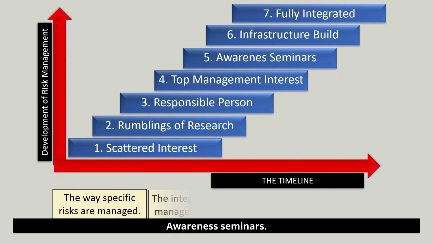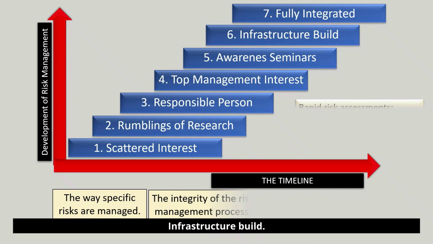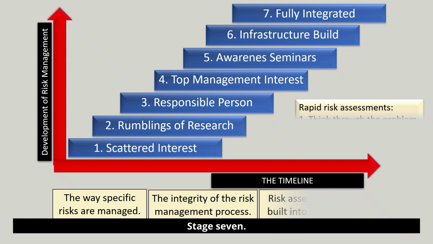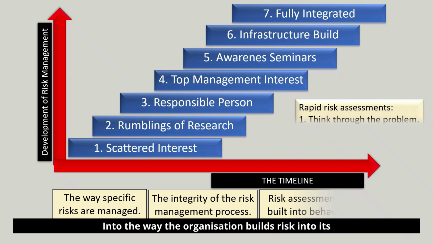Awareness seminars, delivering real changes to working practices through new thinking and a sound learning process. Stage 6. Infrastructure build, where the risk policy becomes more attached to the agreed business routines and procedures. Stage 7. Integrated, into the way the organisation builds risk into its strategy, performance measures, and the way it makes decisions to drive performance.